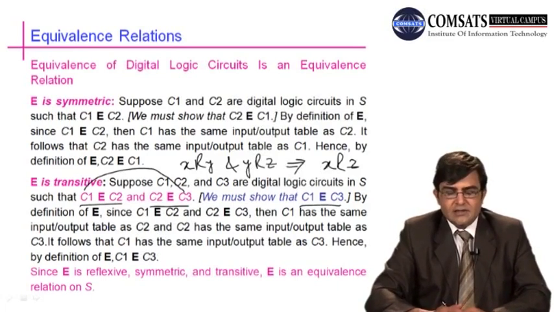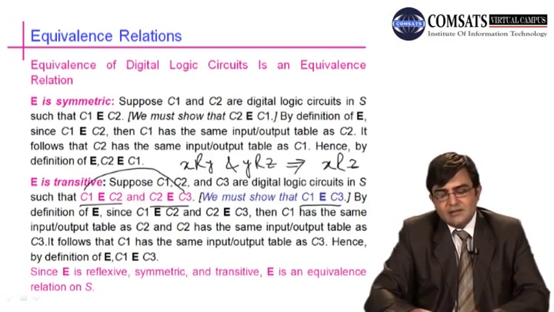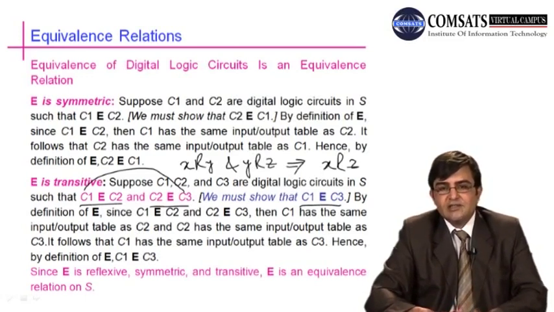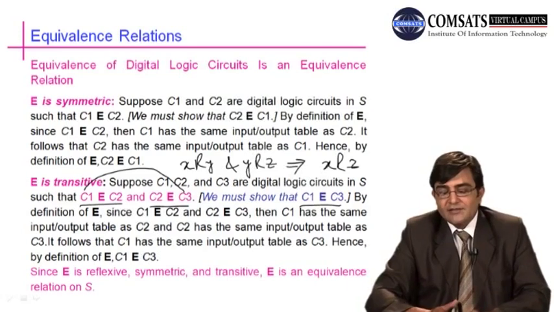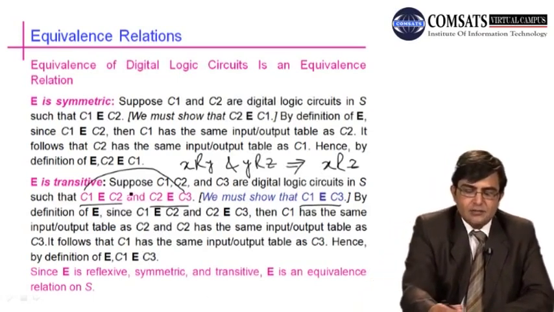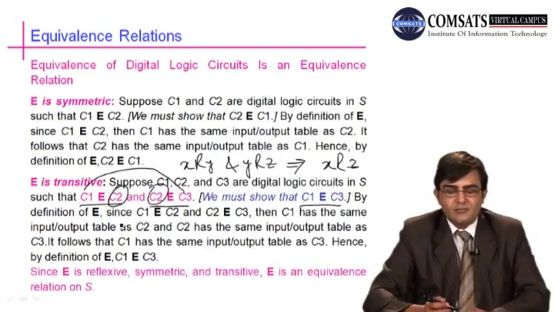By the definition of the relation which we defined on the digital logic circuits, since C1 is related to C2, C1 and C2 have the same input-output table, and C2 is related to C3, so C2 and C3 also have the same input-output table. So obviously C1 and C3 have the same input-output table because C2 is common in these two relations.